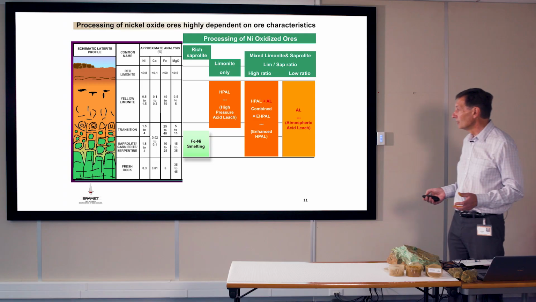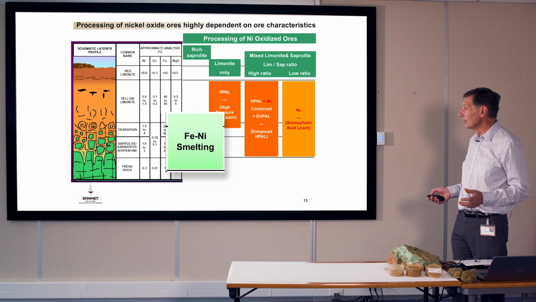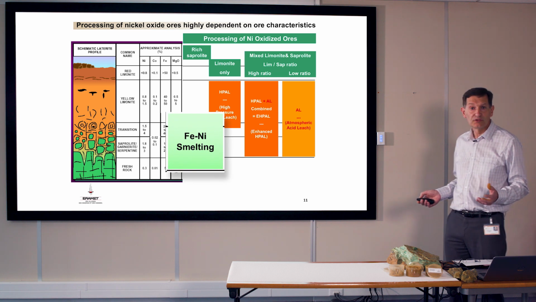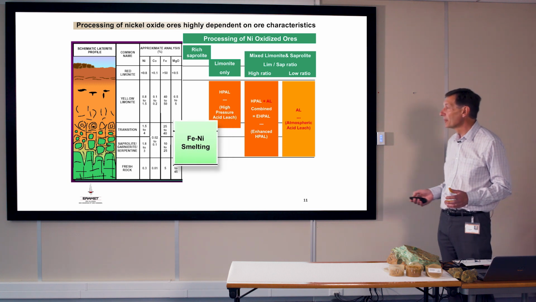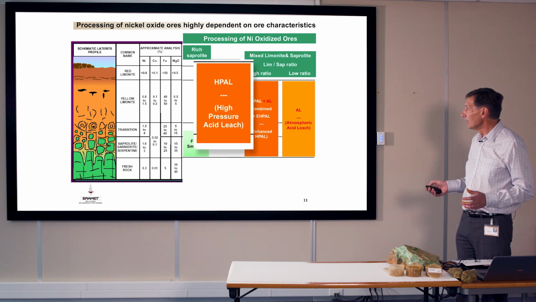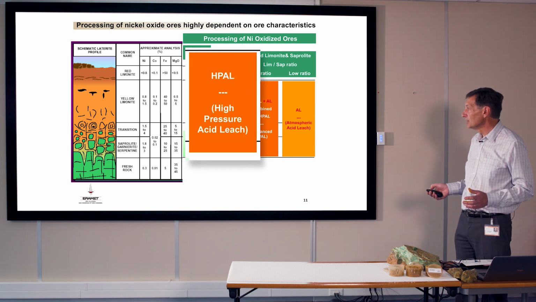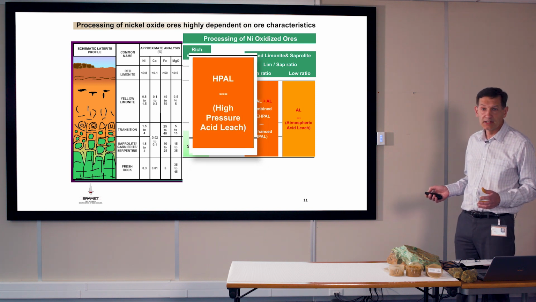The conclusion of that is that you have different kinds of processes depending on the ore you want to treat. The first process is ferronickel smelting in a furnace, but it is applied only on saprolite and part of the transition ore. You have HPAL, high pressure acid leaching, that is applied only on limonite.